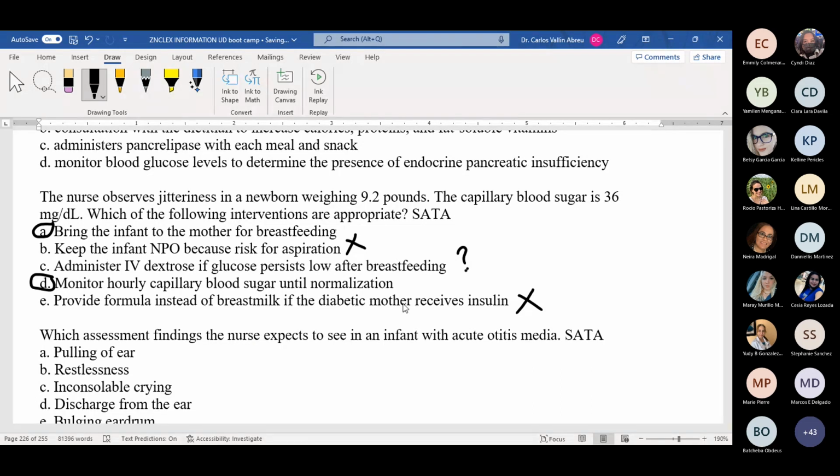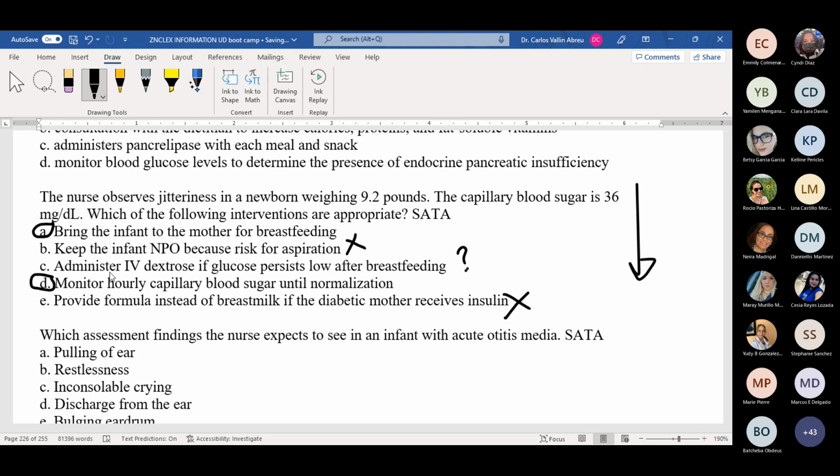The only precaution for the woman is to take a snack before breastfeeding, because breastfeeding lowers the blood sugar and the mother can have hypoglycemia. It's the only precaution for the mother, not for the baby. So there is no reason for that. So this is definitely no.